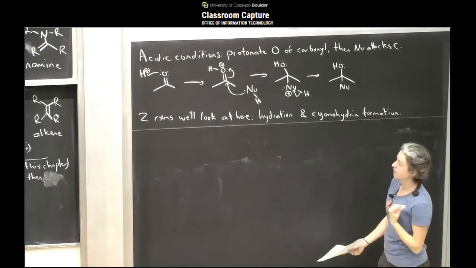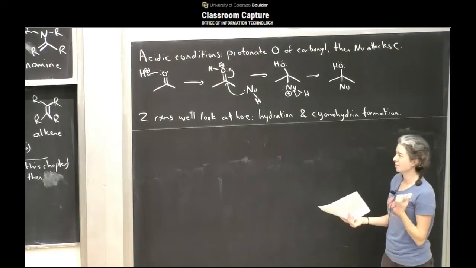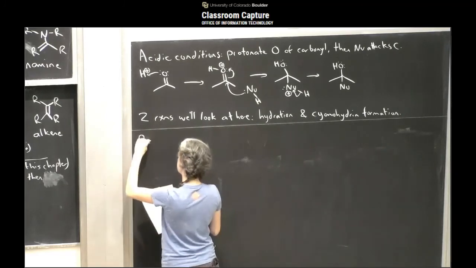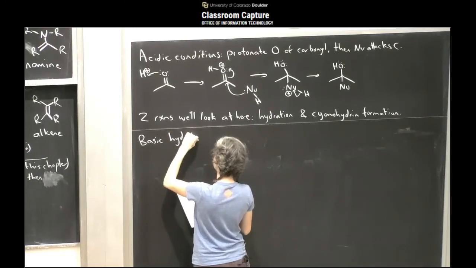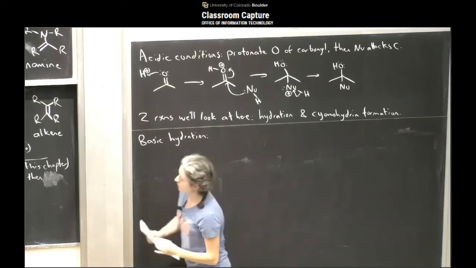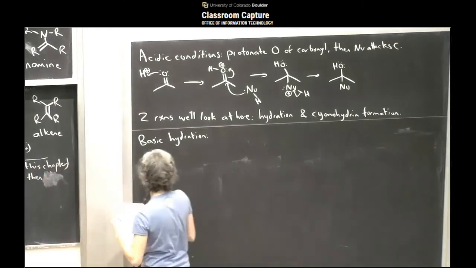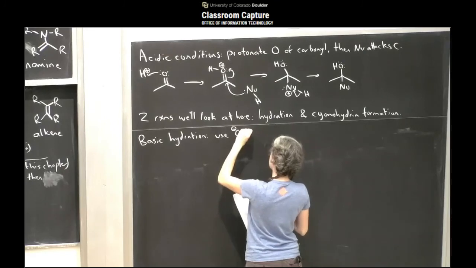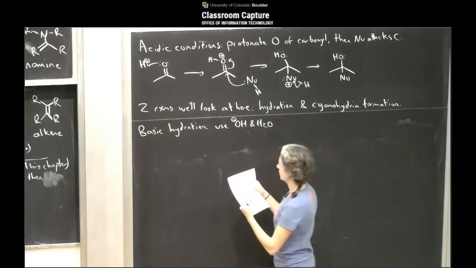Okay, so hydration, like we've seen a bunch of reactions that get called hydration because they all amount to adding a water to something. So basic or nucleophilic hydration is this exact mechanism, but we're using an OH minus as our nucleophile, and water as the conjugate acid of that.